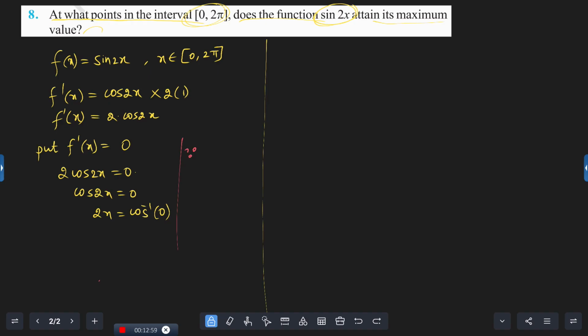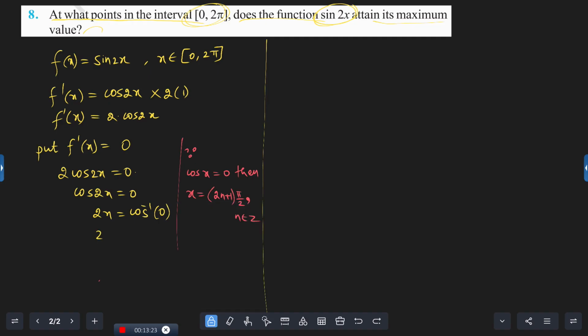Generally, in the second chapter we have studied that if cos x is equal to 0, then x is equal to (2n plus 1) into pi by 2, where n belongs to the integers. This is the answer I am going to use here.